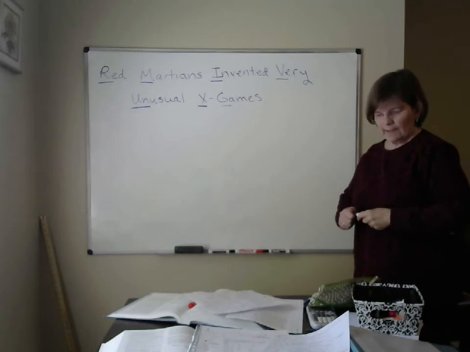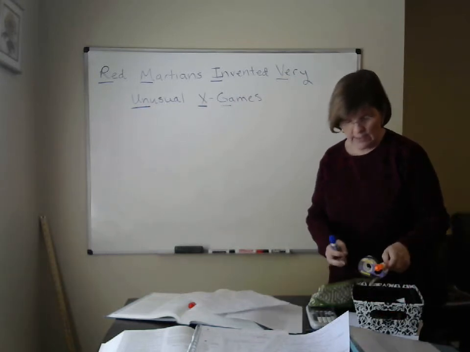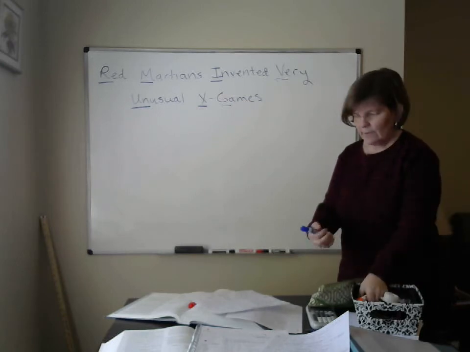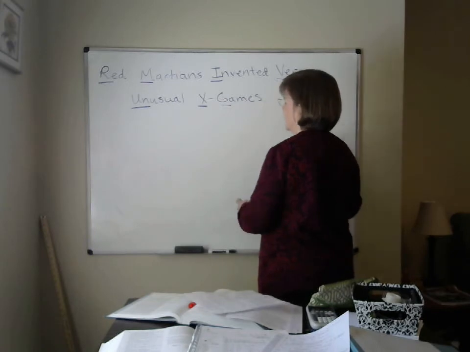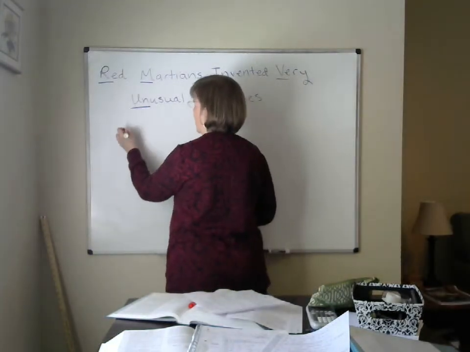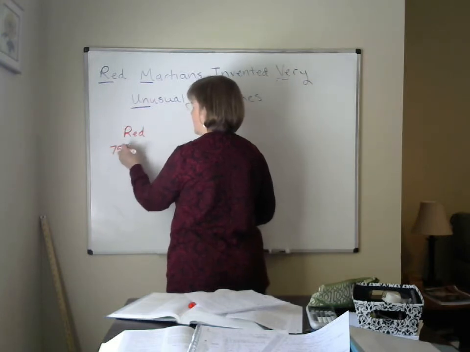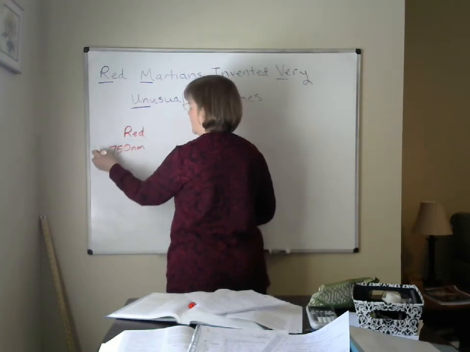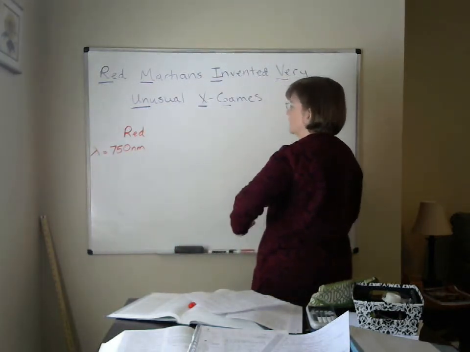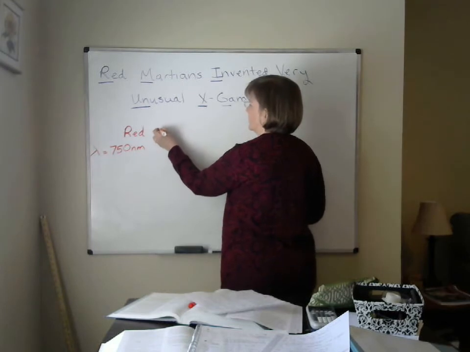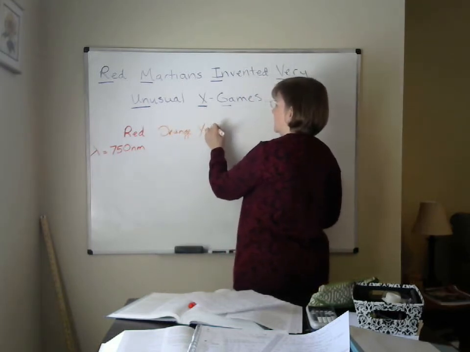The other thing that you should know, that I feel like you probably do know, is the colors in the spectrum in order. Okay, visible light, the longest wavelengths of visible light start with red light at about 750 nanometers. That'd be the wavelength. As you go across, and I don't have a yellow marker, so I'll do it in orange, you're going to have orange, yellow.